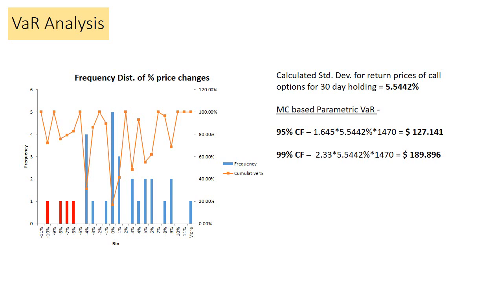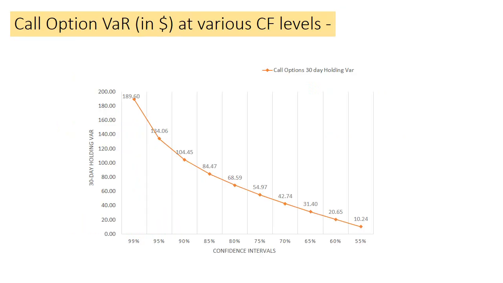The Monte Carlo simulation therefore leads to the following VAR type conclusion: with 95% confidence, we do not expect to lose more than $127.14 during any given month. And for 99% confidence, we do not expect to lose more than $189.89 during any given month.